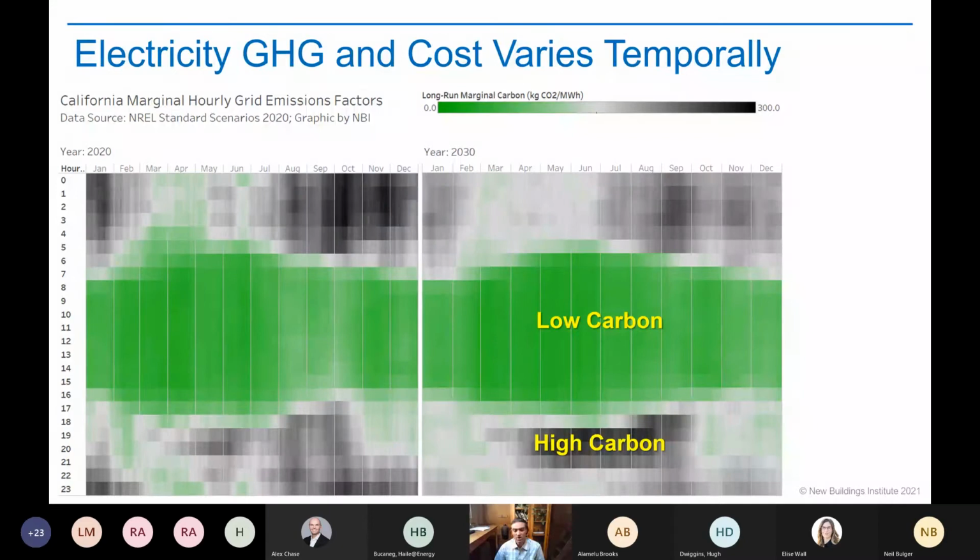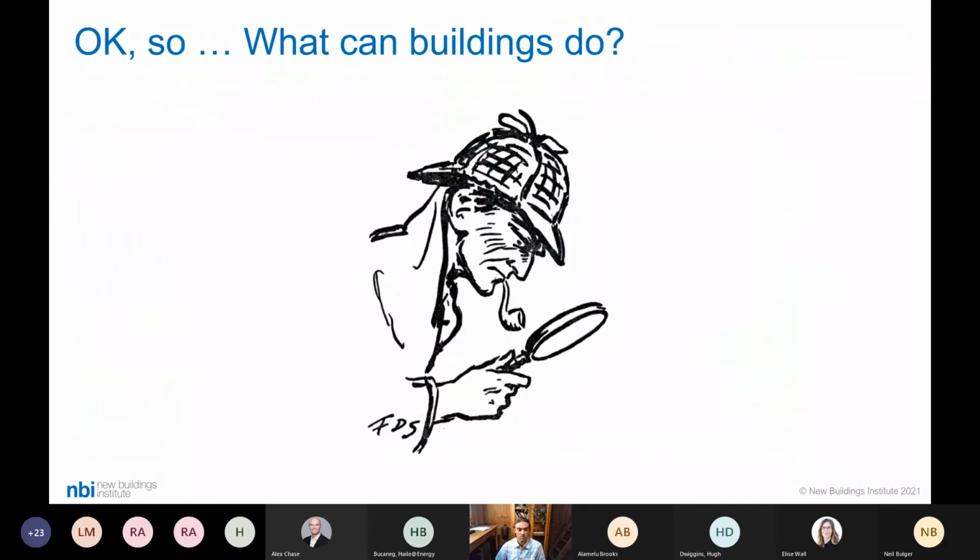So there are kind of different competing factors going on here that buildings end up getting exposed to and should respond to. There's the cost of getting that electricity, which has something to do with the total system load. And there's also the carbon implications of consuming that electricity, which is what's shown here.